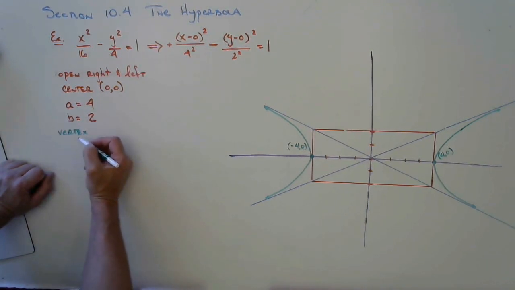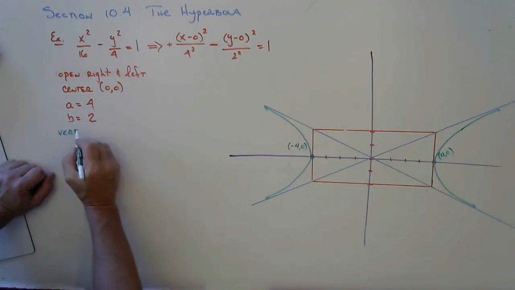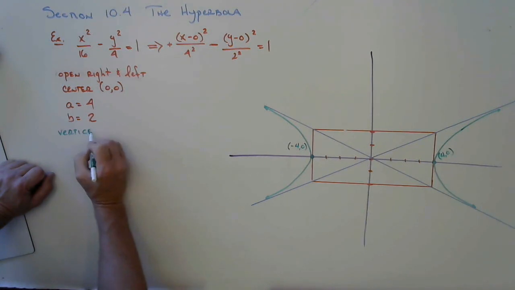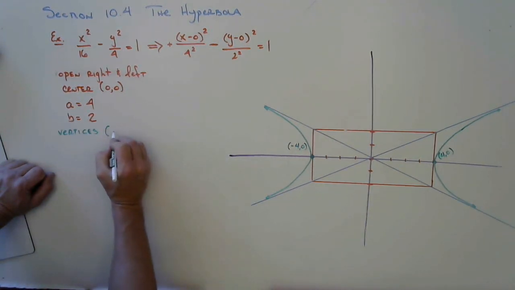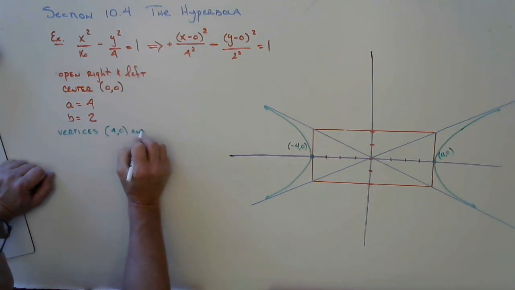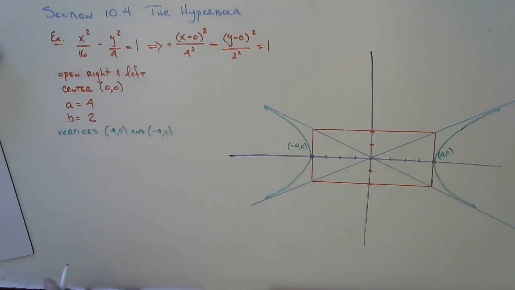Because we have more than one vertex. So it would be vertices. We know our vertices are going to be 4, 0 and negative 4, 0.